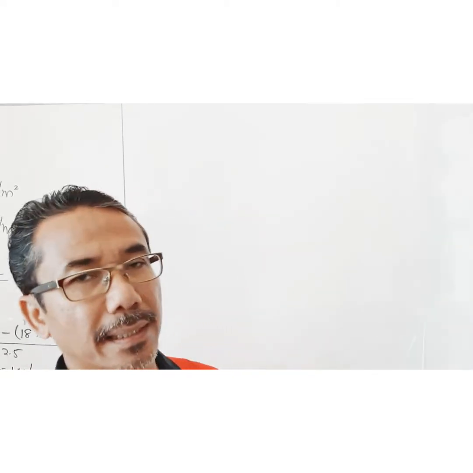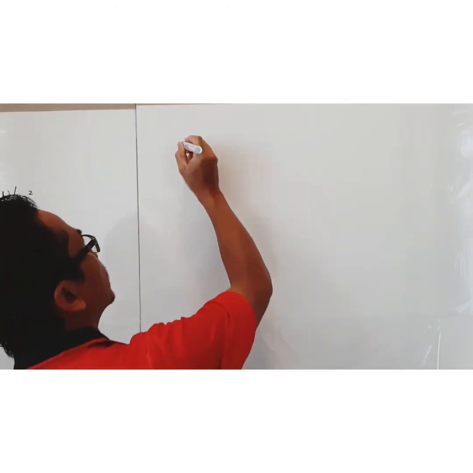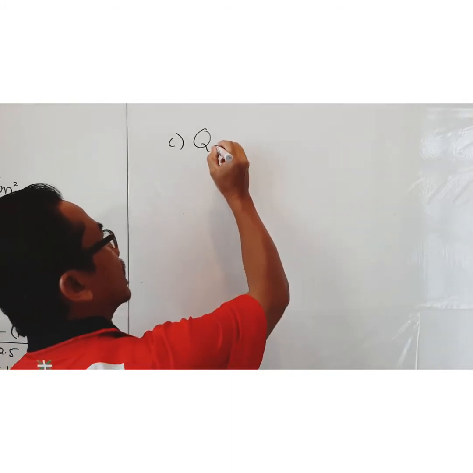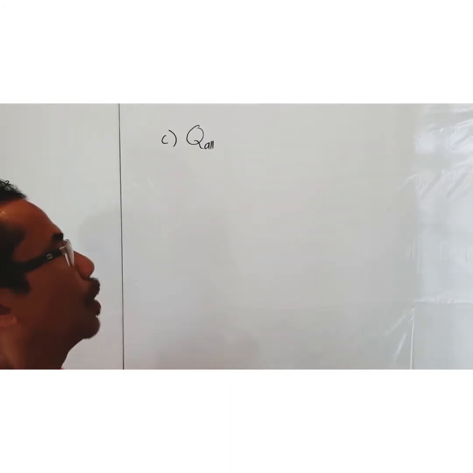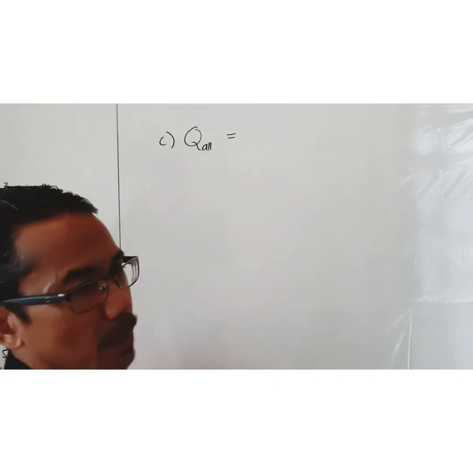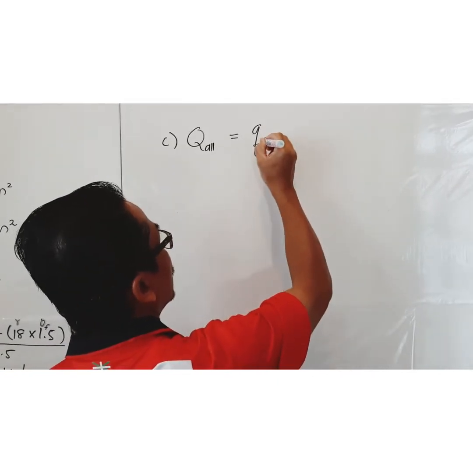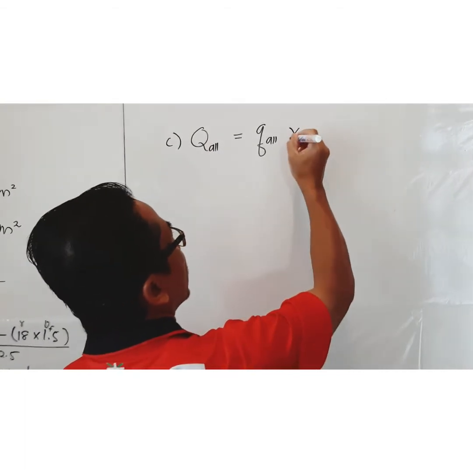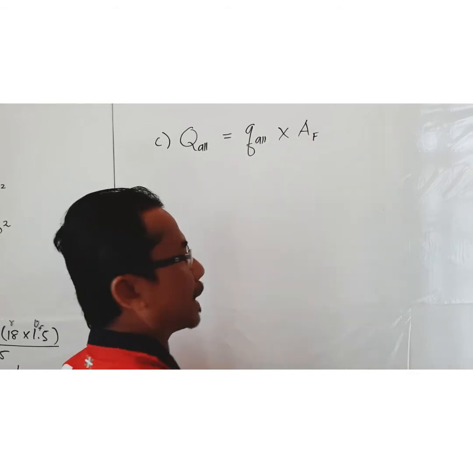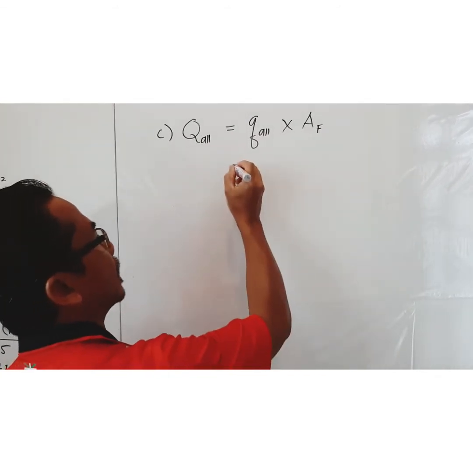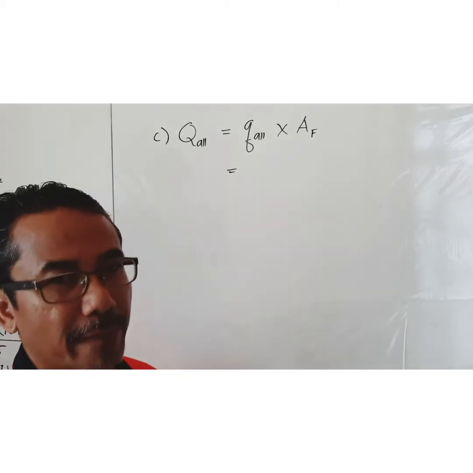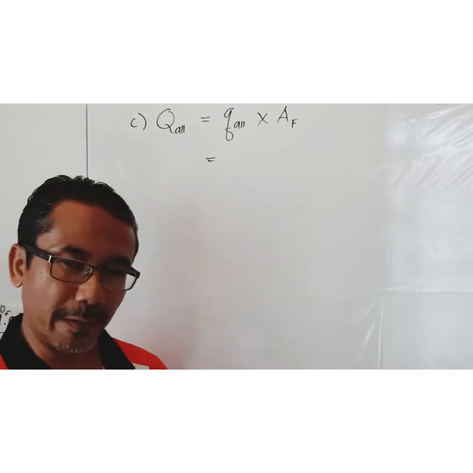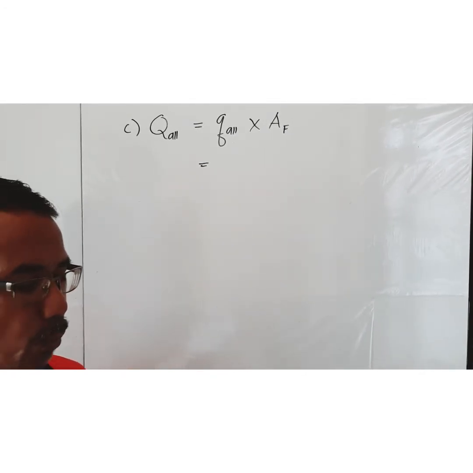Okay, let's calculate the allowable load. Capital Q representing load, sub allowable, so it becomes the allowable load, which is equal to small q allowable, or the allowable bearing capacity, multiplied by the area of the footing, A sub F, right? This q allowable we have calculated in A, which is equal to, if you refer back to your notes, 932.45.